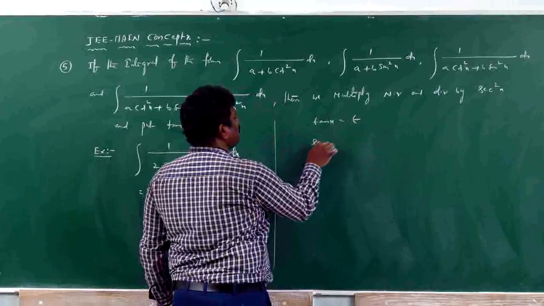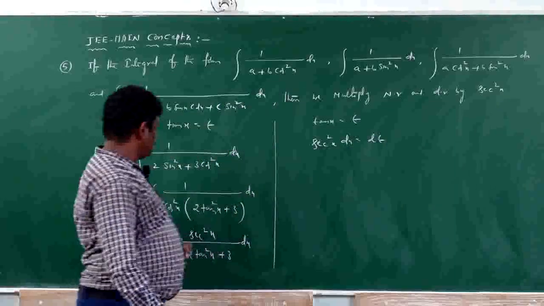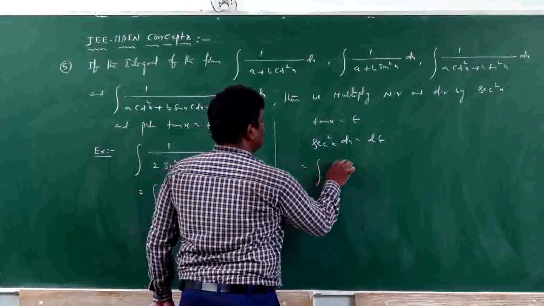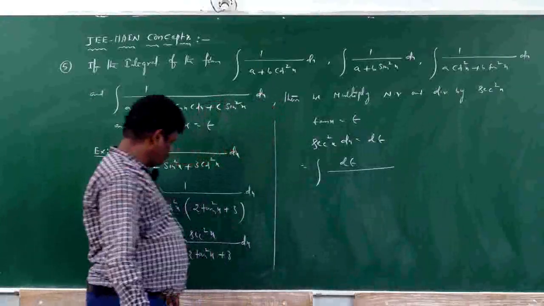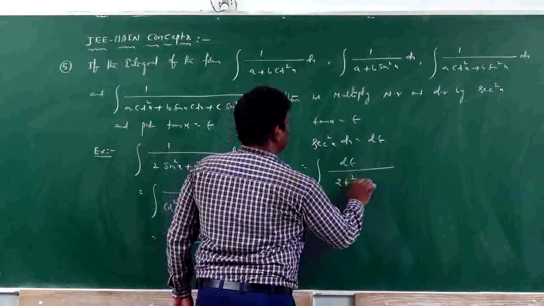The derivative of tan x is secant square x dx equal to dt. So secant square x dx is equal to dt, and the integral becomes dt by 2 t square plus 3.